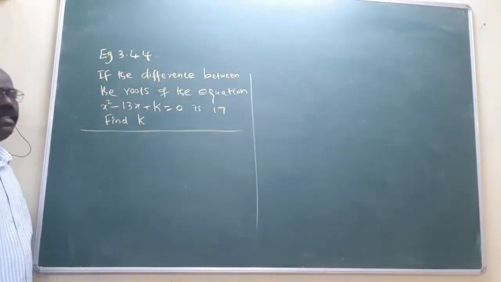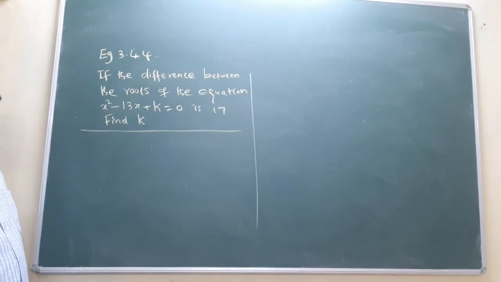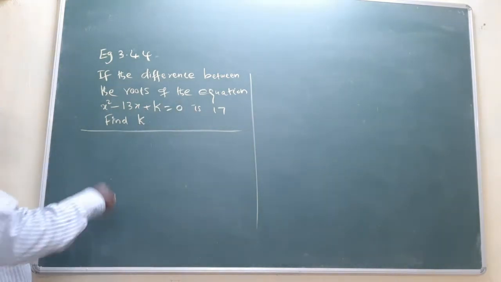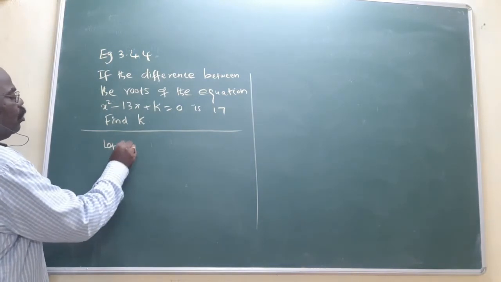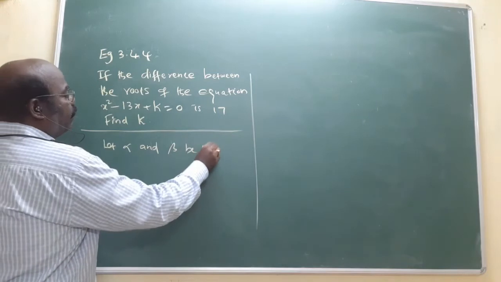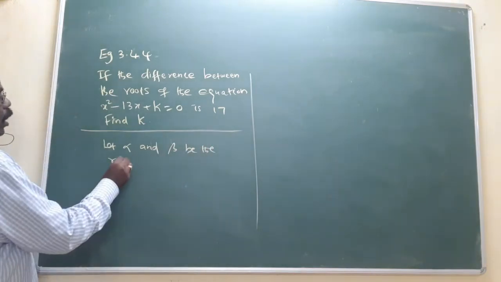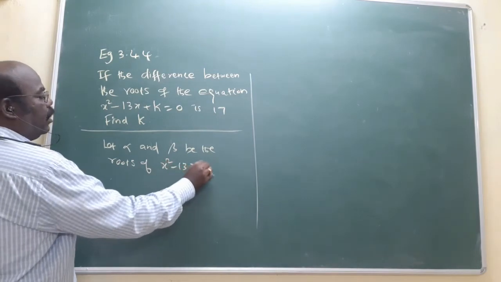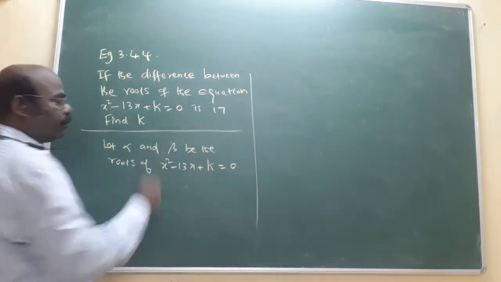What is the question? The difference between the roots of the equation x square minus 13x plus k equal to 0 is 17. Find the value of k. Let us assume that alpha and beta are the roots of x square minus 13x plus k equal to 0.